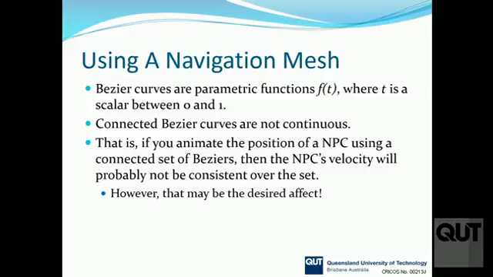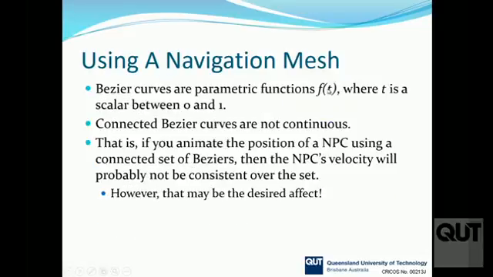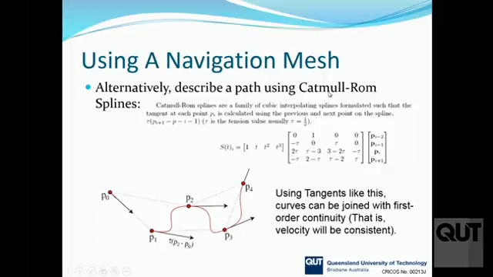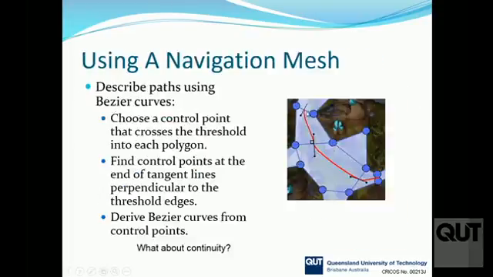So what happens is, if you're moving a character along this pathway based upon this parameter t, then it's going to maybe move faster along this curve, slower along this curve, but much faster along this curve, because our parameter is in a range from 0 to 1.